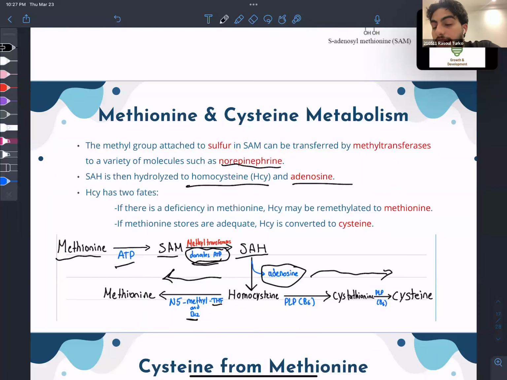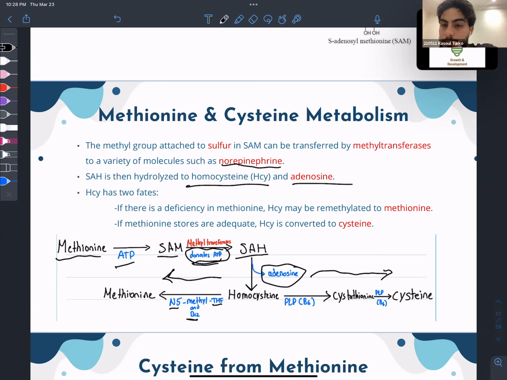I wrote N5 methyl THF because in 2 slides we'll talk about the different types of THF: N5, N5,N10, and N10 THF, and every type works for a different enzyme. For the enzyme converting homocysteine to methionine, it's N5 methyl THF, which is B9, and B12. If we have enough methionine and want to go to cysteine, we would need PLP or B6.